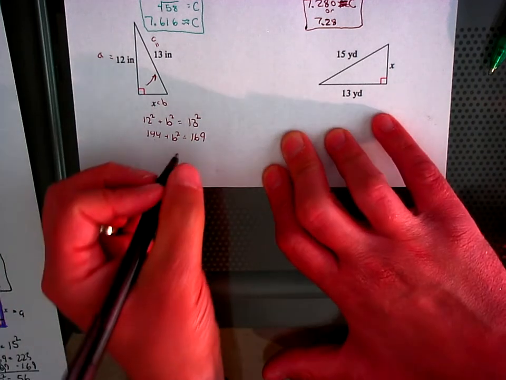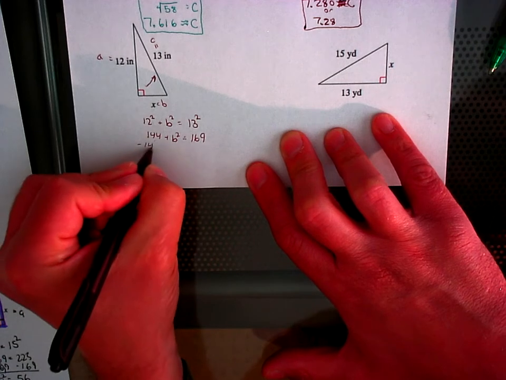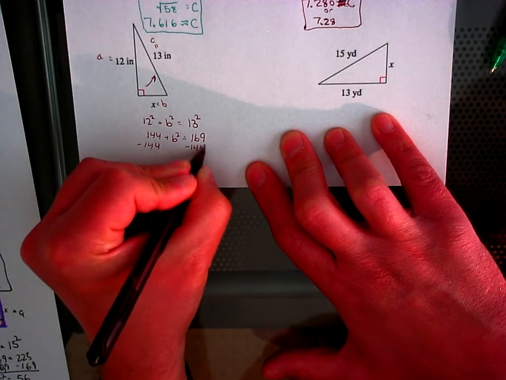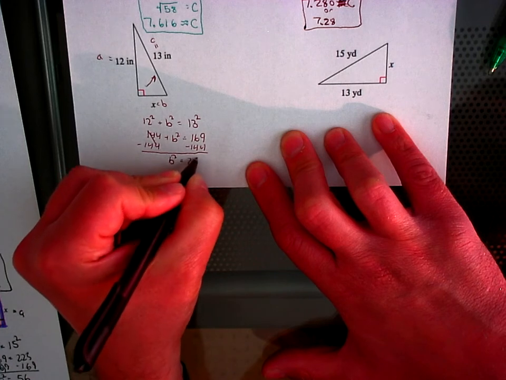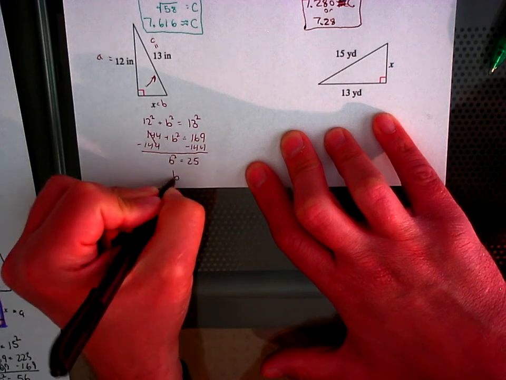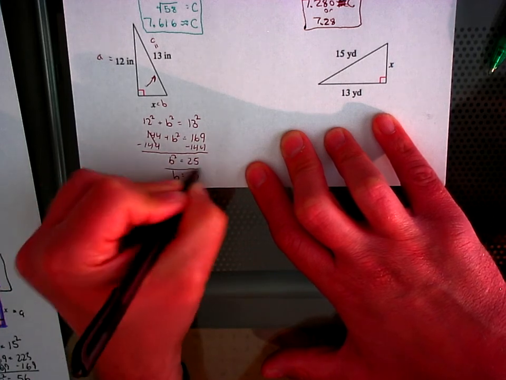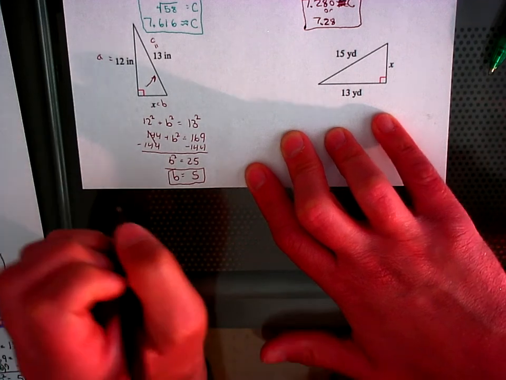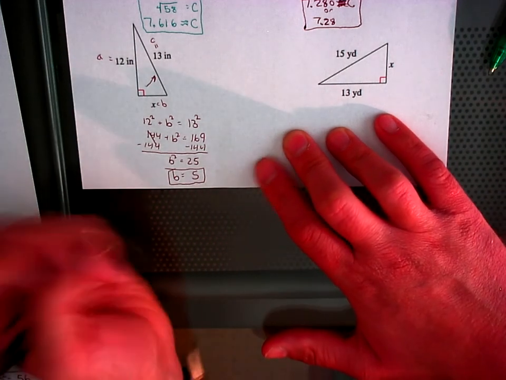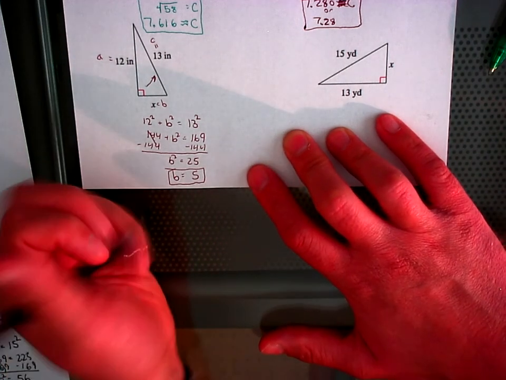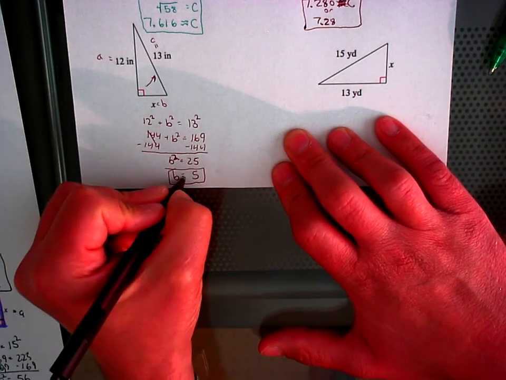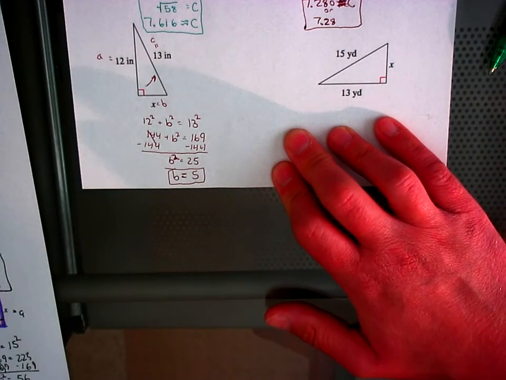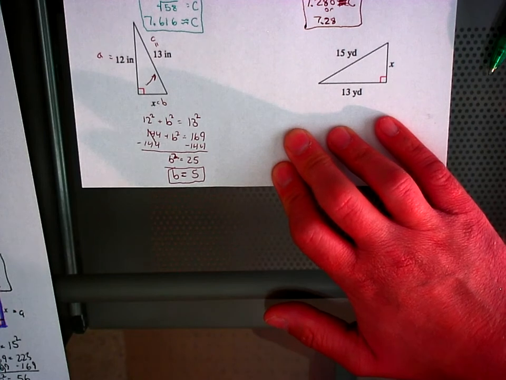Now what I want to do here is subtract the 144. It's like a one-step equation. B squared equals 25. Well, here when I take the square root, B is actually just 5. Because the square root of 25 is 5, because 5 times 5 does give me 25. And there I can use the equal sign because that's an exact answer. That's a perfect square.